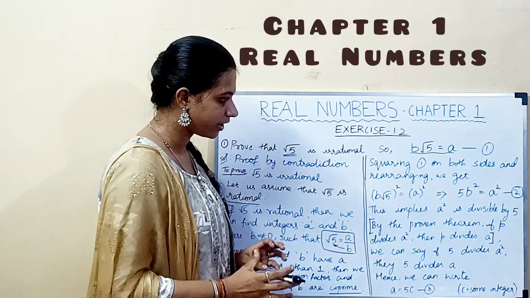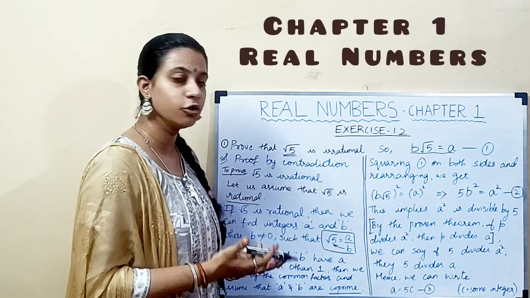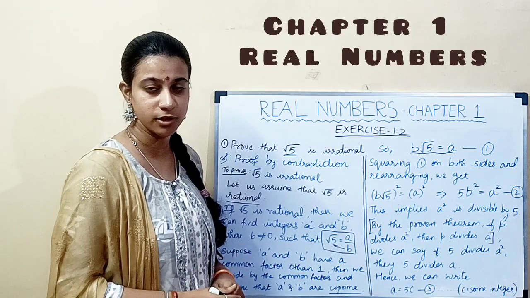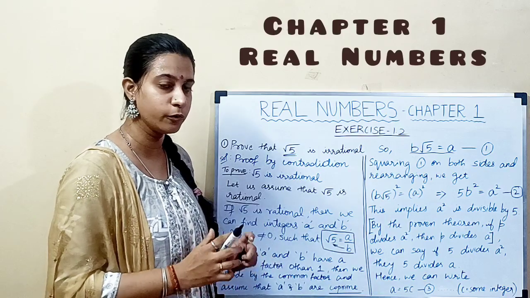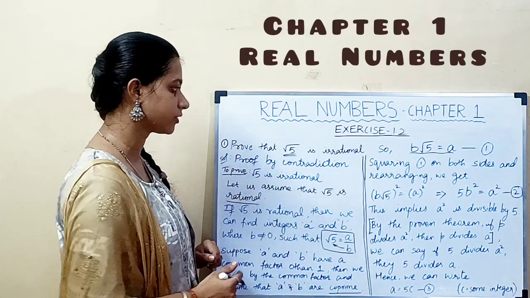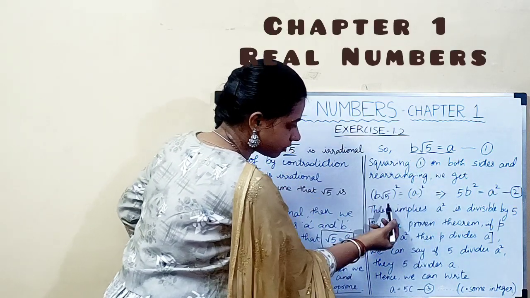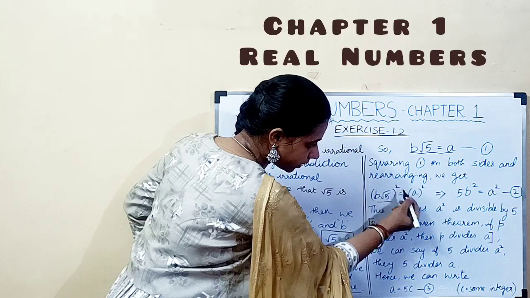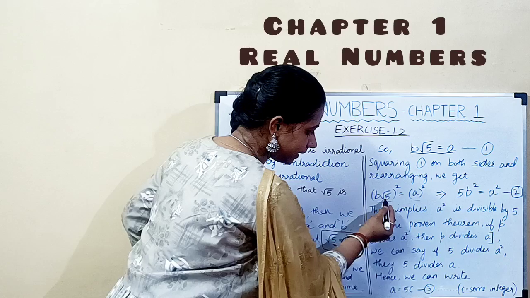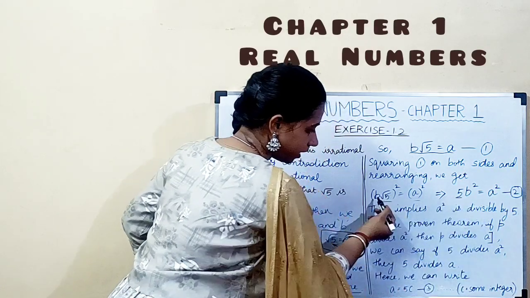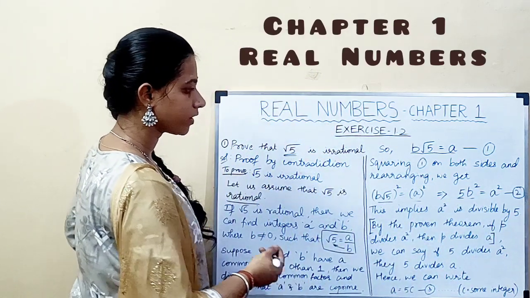Generally we can square or divide by any number to get a new form of the equation, but whatever mathematical operation we perform, we have to do it on both sides of the equal to sign. That is what we are doing here. We are squaring both sides of this equation, and we get b root 5 the whole square equal to a square. When we square this and rearrange, we get root 5 into root 5 as 5, b square. So 5b square is equal to a square.